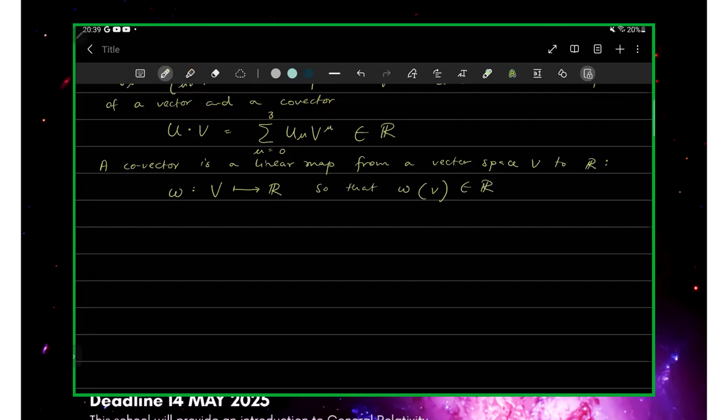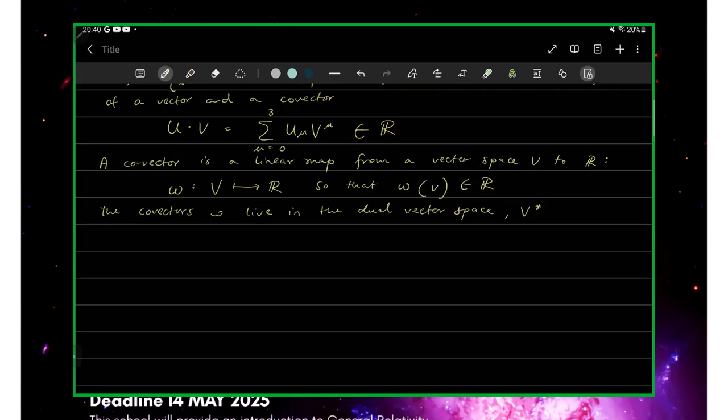Okay. And of course, the covectors omega live in the dual vector space V star.